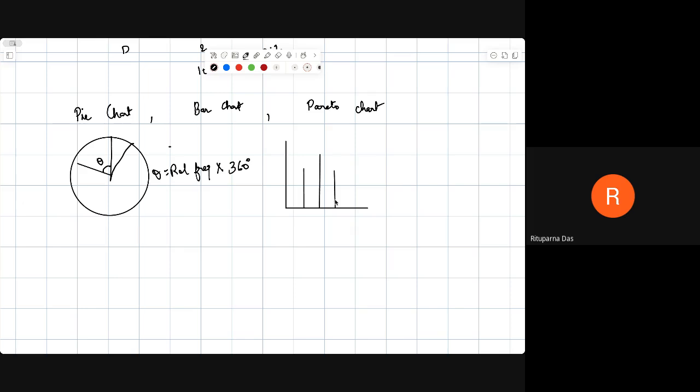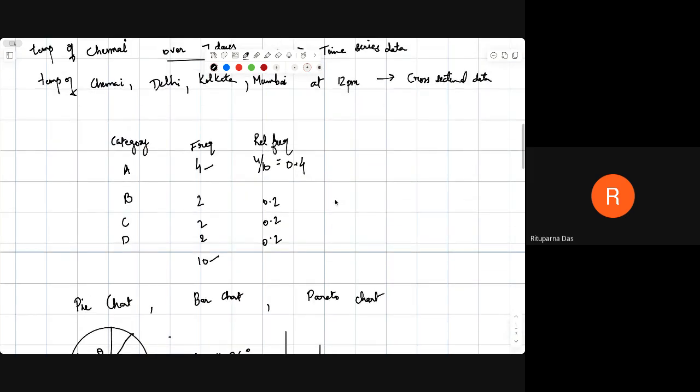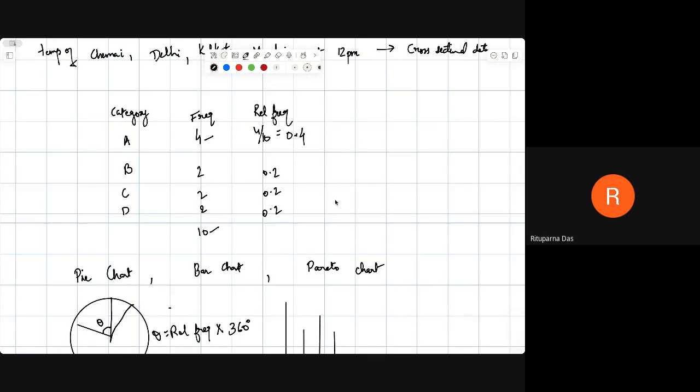Next we go to the description of numerical data. When you have numerical data, you have a complete range, say 10 to 20, 20 to 30, 30 to 40, 40 to 50.